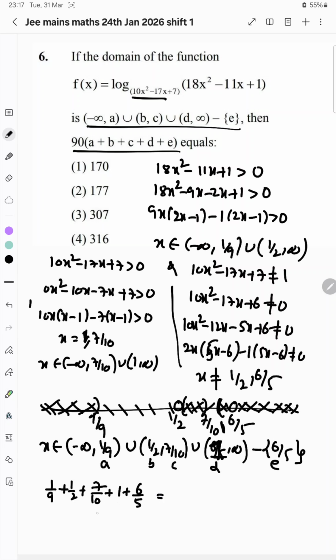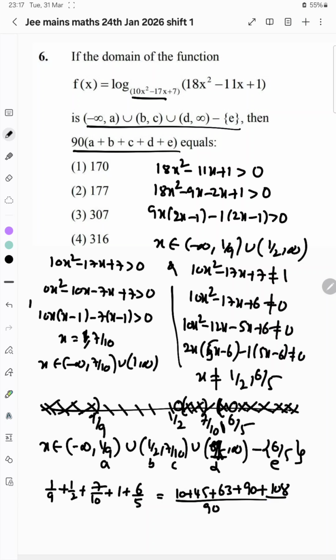Okay, let's take the LCM here. 5, 10, 2, 9. So 90 we can take as the LCM clearly. With 9, 10 times, so 10. With 2, 45 times. With 10, 9 times, 9 sevens are 63. Here 90. With 5, 18 times, and 18 sixes are 108.